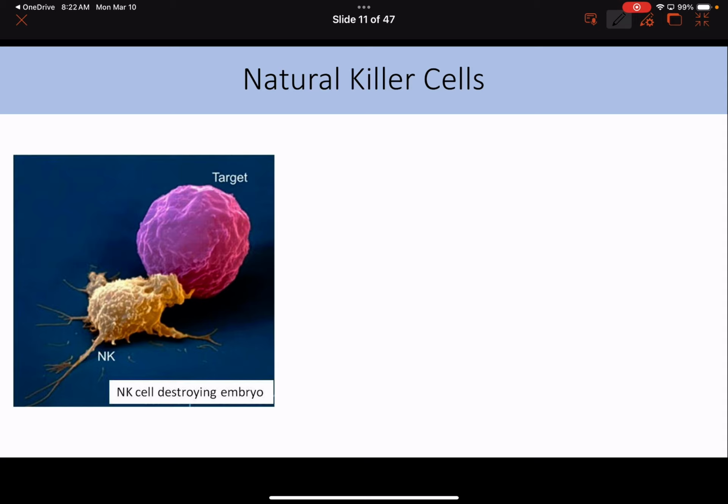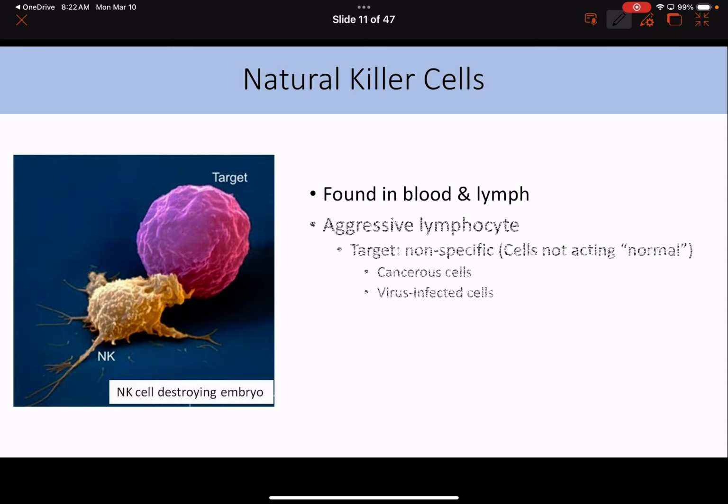Okay, natural killer cells. These are found in both the blood and lymph. Okay, so write down these notes here. They are found in the blood and lymph. They are an aggressive lymphocyte, so they're a specialized lymphocyte. They target things that are nonspecific. So essentially they are targeting cells that are not acting normal, so our own cells that are not behaving properly.